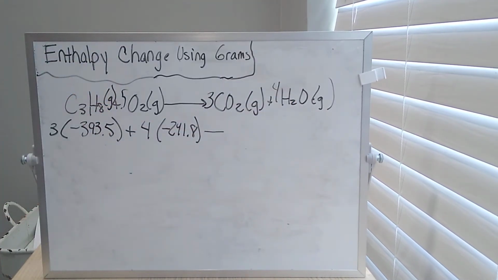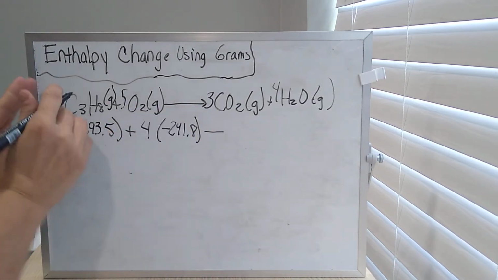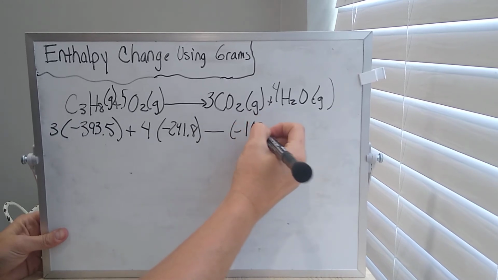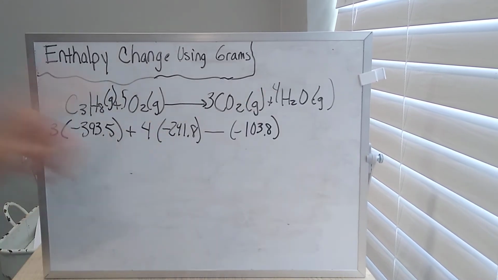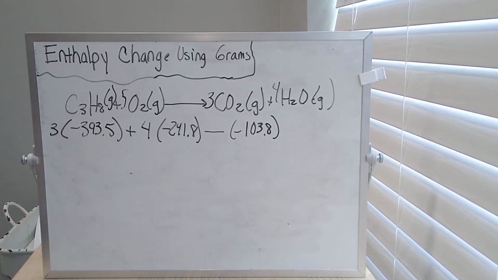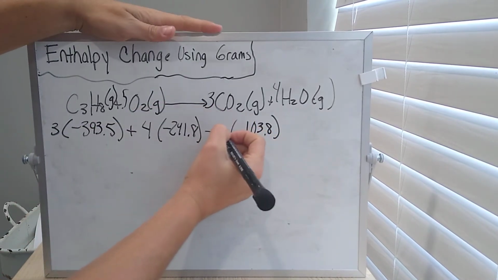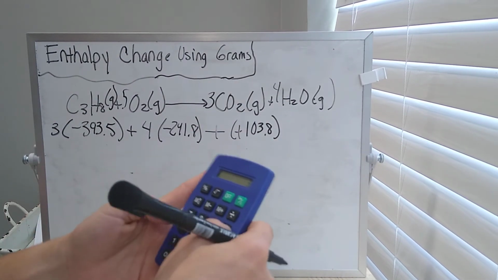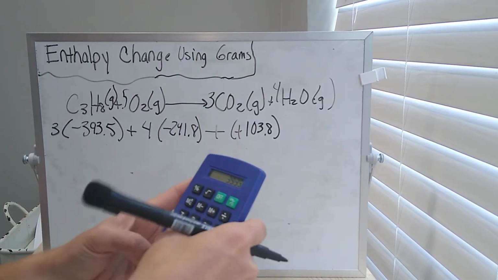Okay, now we're going to subtract that from the reactant side. So we've got propane, and we've got 1 mole, so it's just negative 103.8. And oxygen we don't need to use because it's a free element. It's by itself. It has 0 enthalpy. Okay, so these negatives will cancel out to be a positive. Let's see what 3 times 393.5 is.